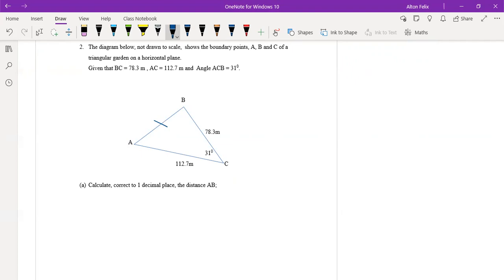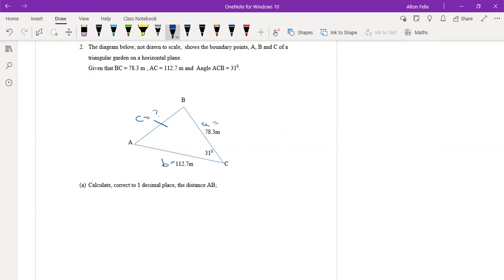So the distance AB, let's call that small c. Right, we need to find small c. The angle opposite this length is B, so we'll call it small b. The angle opposite this length is A, so we'll call this one here small a. So remember what the cosine rule says.